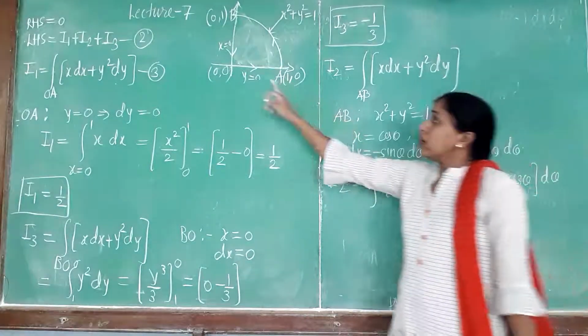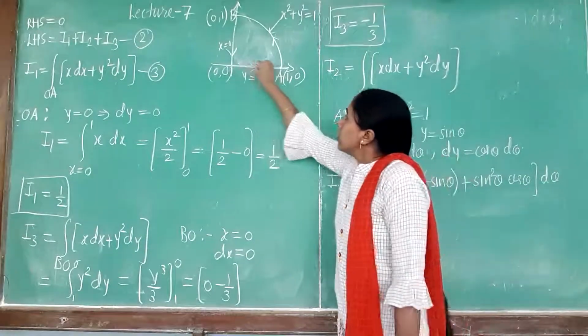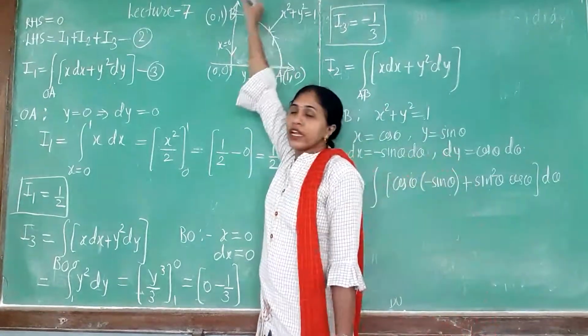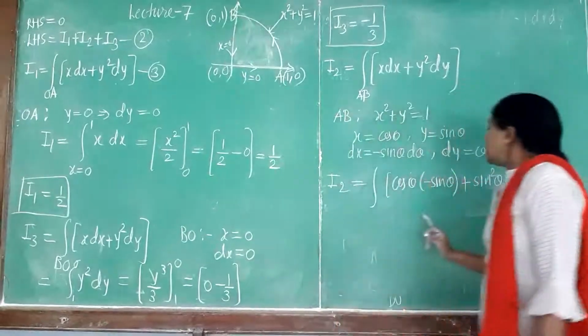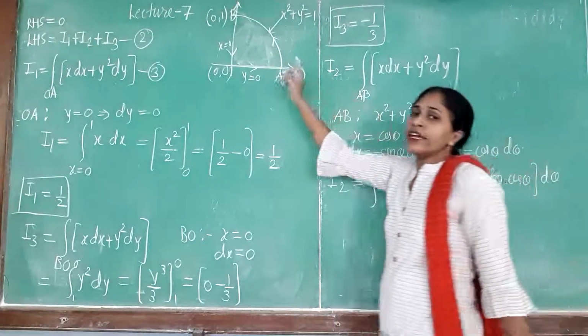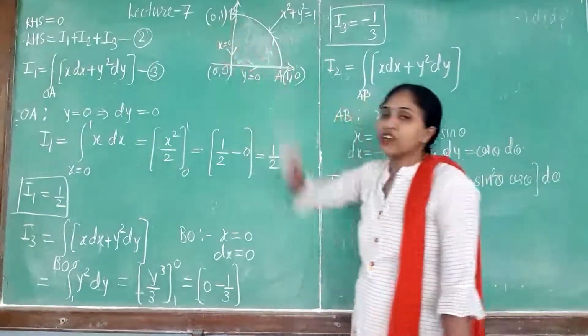The curve starts from the line x is equal to 0 and ends on the y axis. Now this curve exists only in the first quadrant. So what are the limits for theta?